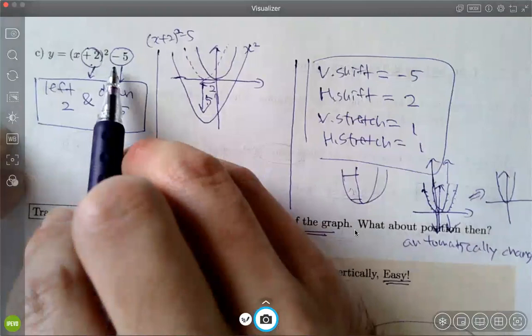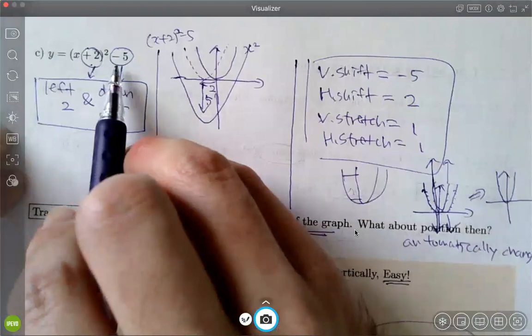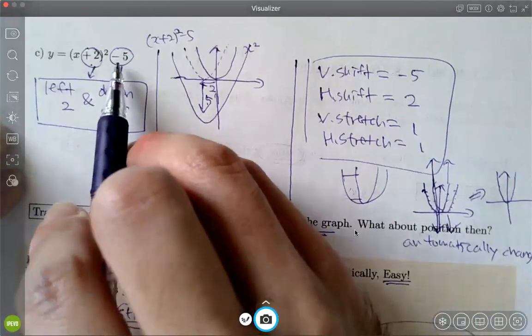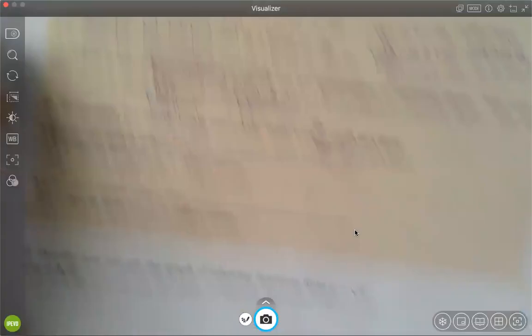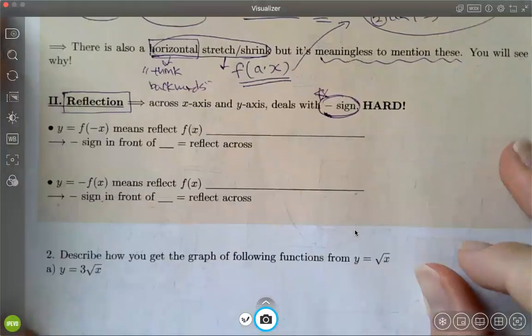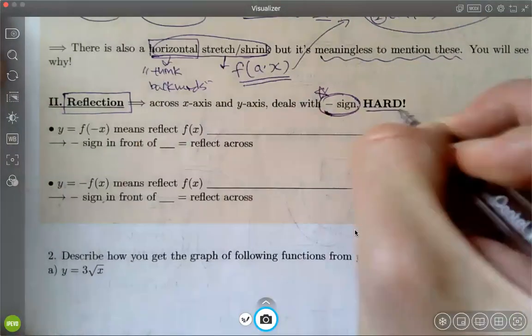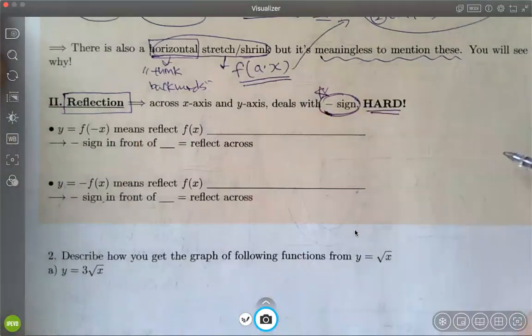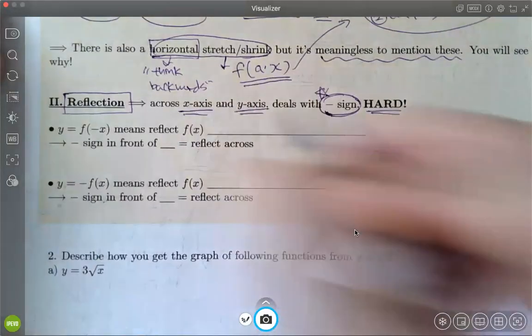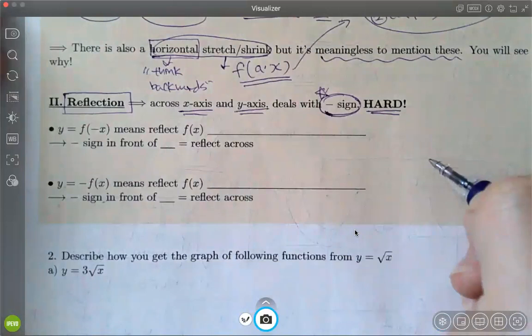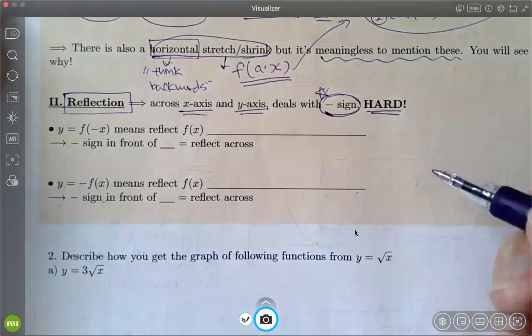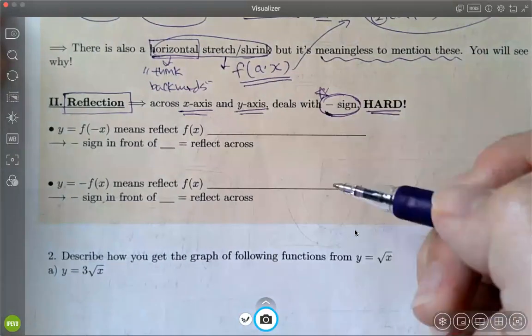That's the subtraction sign. Not that negative, but the real negative sign. This one is also tricky because you have to think backwards once again. There are three kinds of reflections: over the x-axis, over the y-axis, and one more, over the origin. But I didn't include it here, and you'll see why. You don't have to know it either.